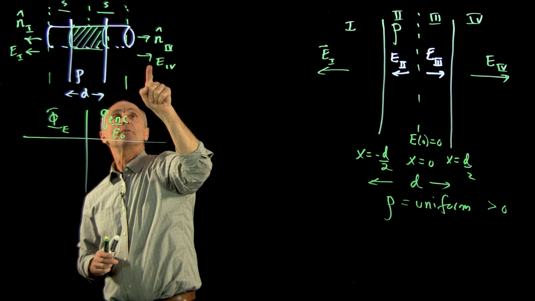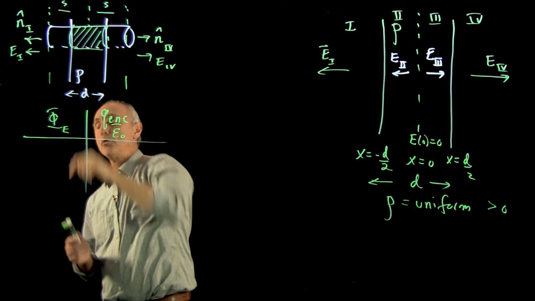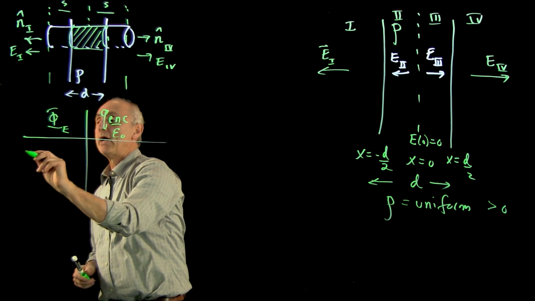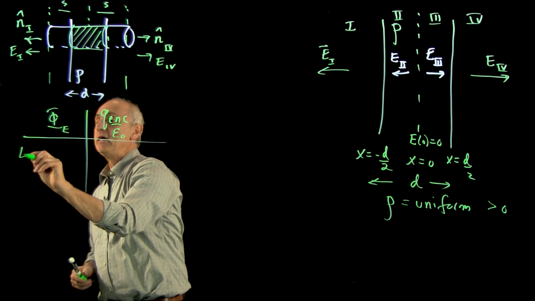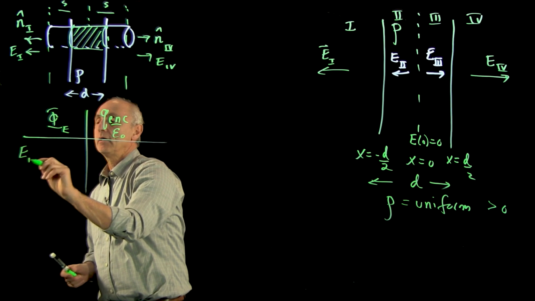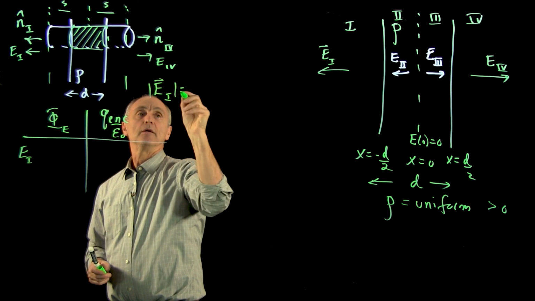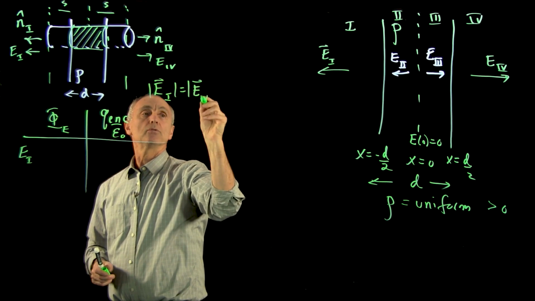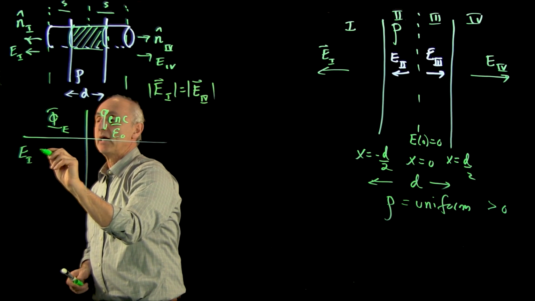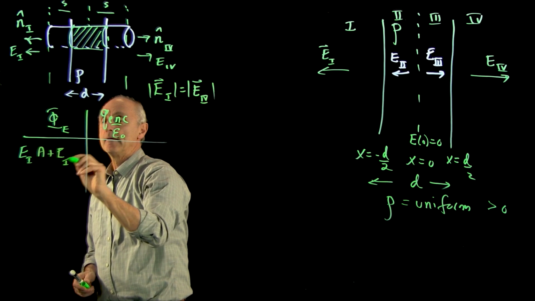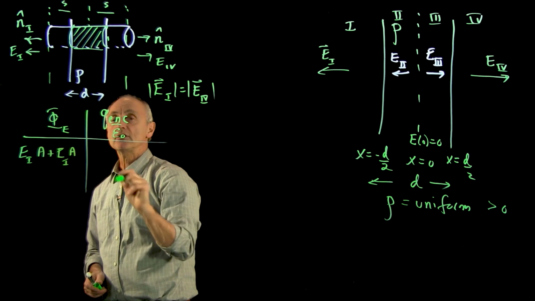And we have just flux on both sides. E is pointing out on both sides, so that flux on both sides is positive. And we'll write it as just E1. And we know in magnitude that E1 is equal to E4. So I'm going to write that as E1 times A, and another E1 times A, because they're the same magnitudes.